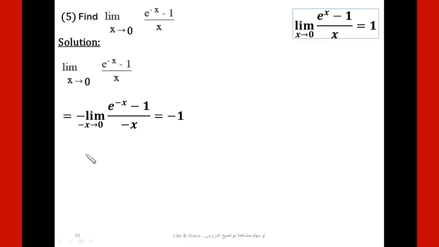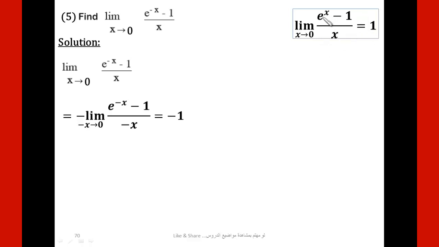So we have the form of the rule. What is the form of the rule? Limit e power negative x minus 1 over negative x when negative x tends to 0 equals 1. But we have the negative sign out of the limit, and we write it. So we used this rule: limit e power x minus 1 over x when x tends to 0 equals 1.